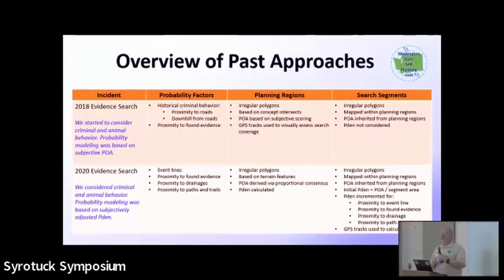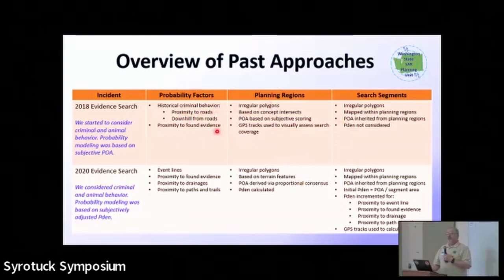So these two search events that we did had a couple of planning approaches. Our first one, this is kind of a summary of that one, right? In both these incidents we began with factoring in known patterns for criminal behavior and animal behavior. We experimented with some different approaches to mapping the planning regions and the segments, right?